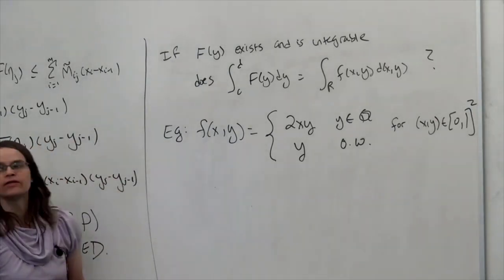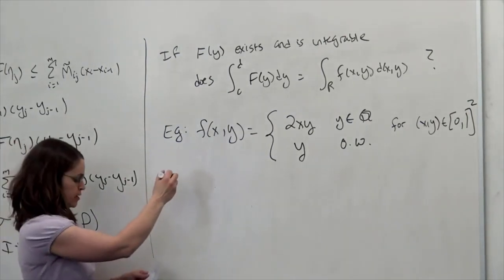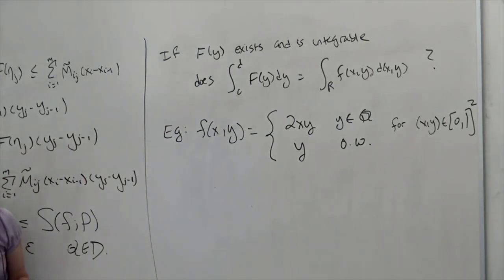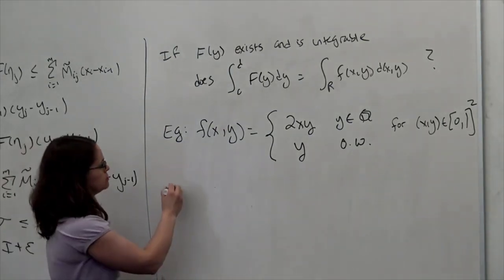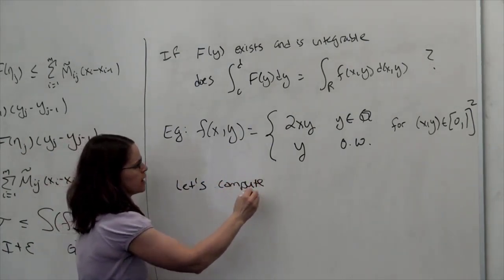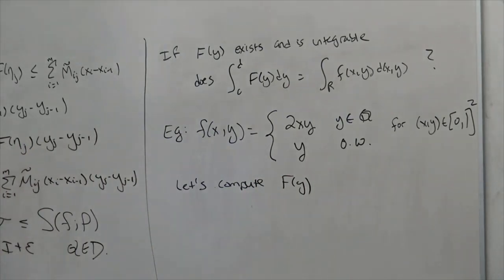Okay, so let's do the iterated integral first of all. What do we need to do? We need to calculate this capital F. So let's compute capital F. There's two possibilities. Either we've put in a rational value or an irrational value.